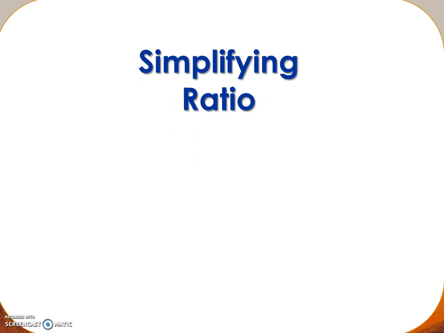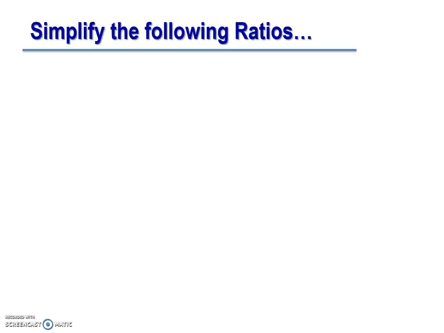How do we simplify ratio? 3 centimeter and 15 centimeter. Now the most important thing is that we are supposed to look at the units. When the units are similar, then simplification of ratio becomes easy. We just delete the units, centimeter and centimeter, and take the numbers, which are 3 and 15.